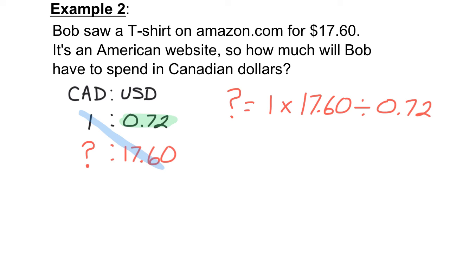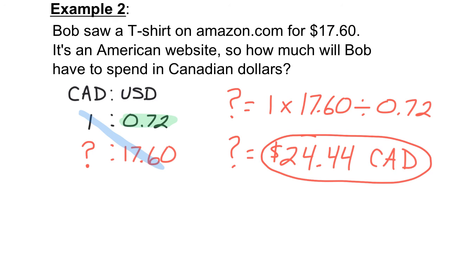So we do 1 times 17.60 divided by 0.72, and we end up with $24.44. So although this shirt costs $17.60 American, it's $24.44 Canadian.